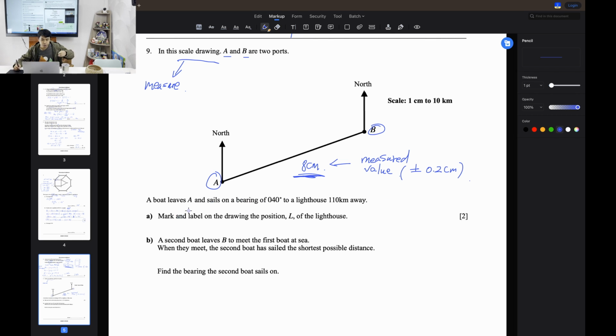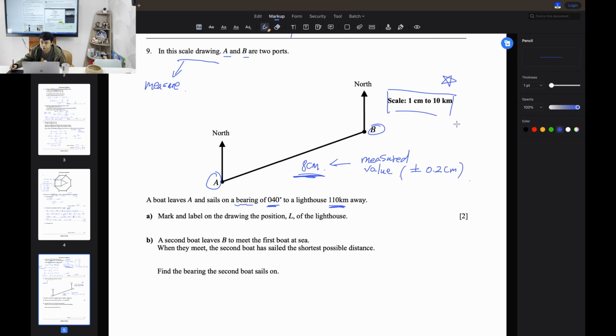Now a boat leaves A and sails on a bearing of 040 to a lighthouse 110 km away. We know that bearing is always in 3 digits, right? This 110 is important also.